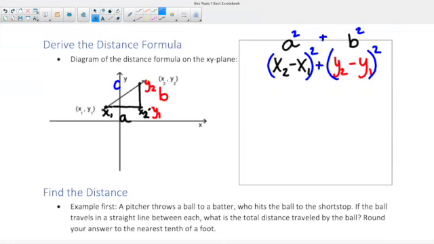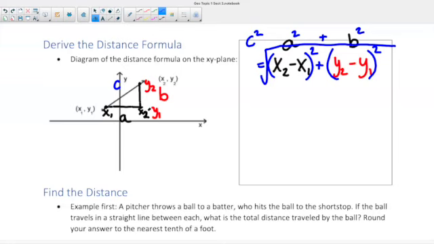So we're going to put a plus between. And then we would take the square root to find C. So we are going to take the square root of everything.